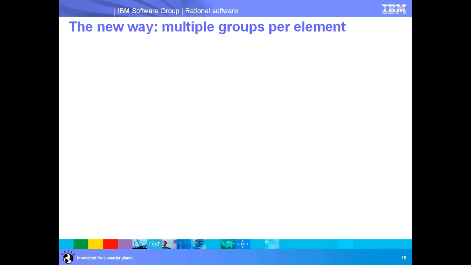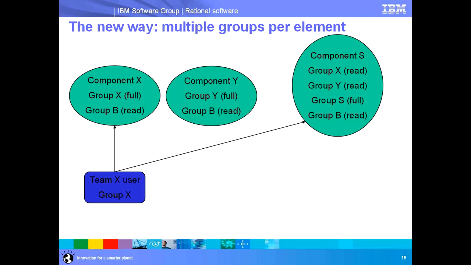So let's see the use case that we have been discussing. After defining the roles and the policy, once we apply the combination of it, we see that the user who was part of group X will get full access to component X because as per the role and the policy combination, group X will have full permission.